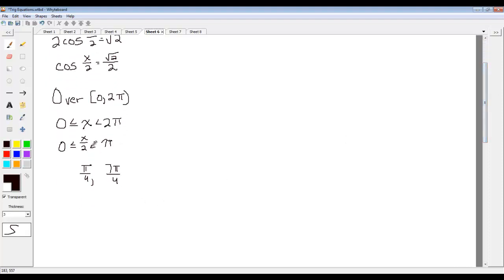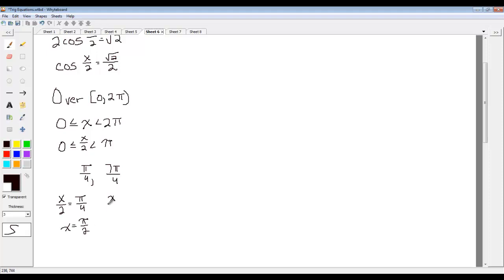So cosine of pi over 4 equals square root of 2 over 2, and we've got x over 2 in that space. If x over 2 is pi over 4, then x must be pi over 2.